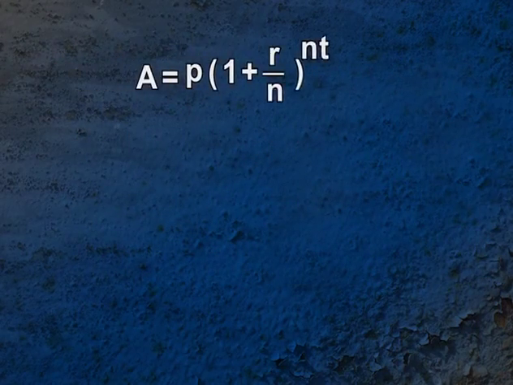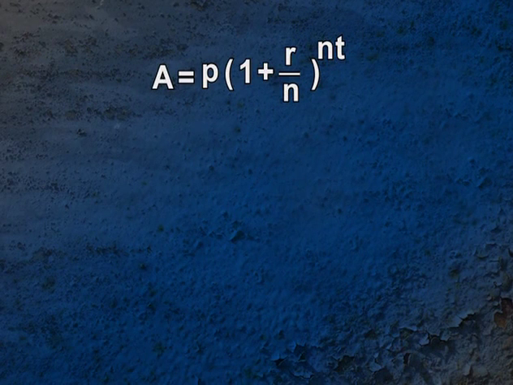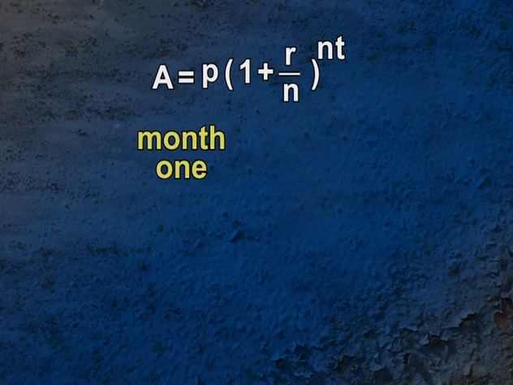Well, we know that our formula for figuring this sort of thing, that is the amount in an account at the end of a certain period for a particular investment, is this: P times 1 plus r over n to the nt power. Well, we're going to have to use this formula a number of times, aren't we? After all, each deposit is earning interest for a different period of time.